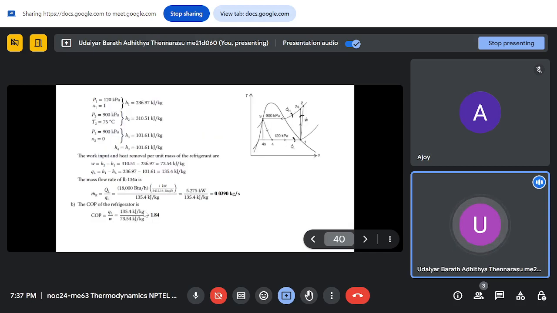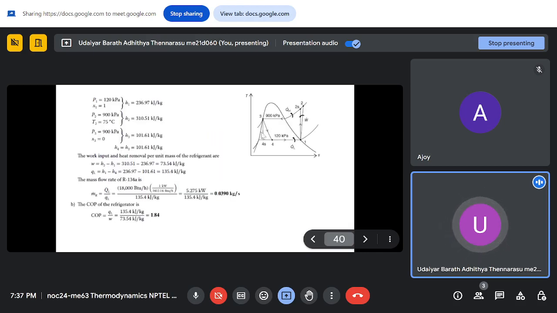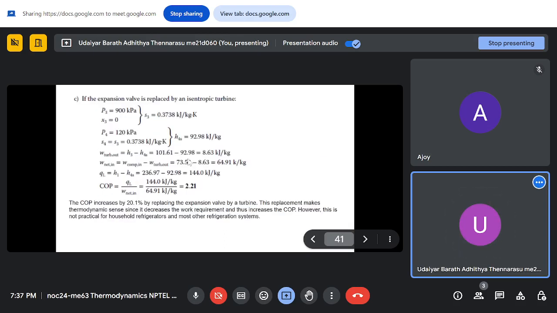Previously we had 1.84. Here your COP has increased because there is less irreversibility due to the turbine, and the area under the cycle also increases. So the work becomes more efficient when you use a turbine.